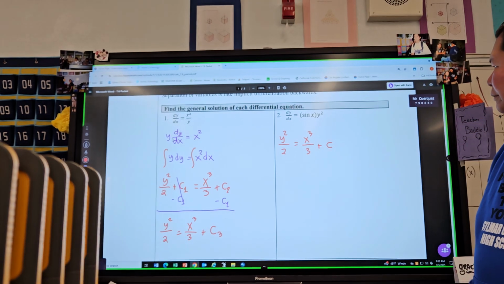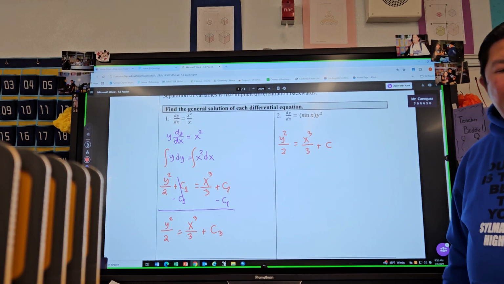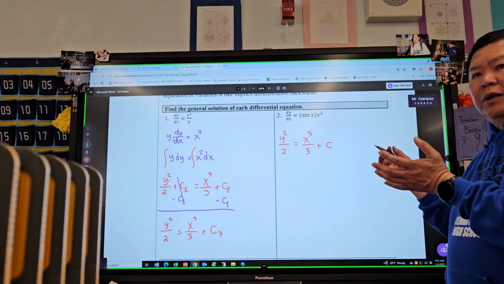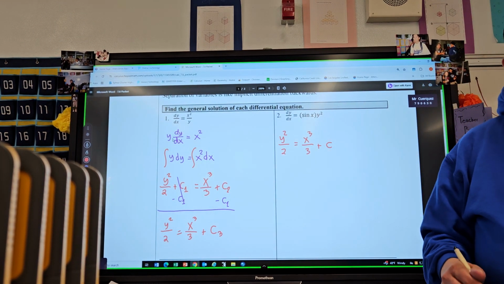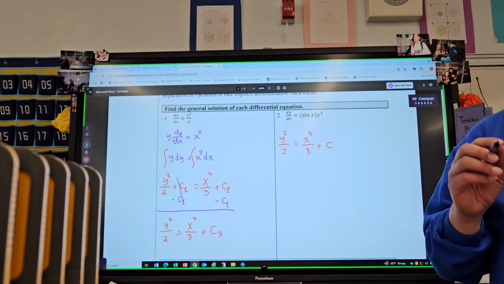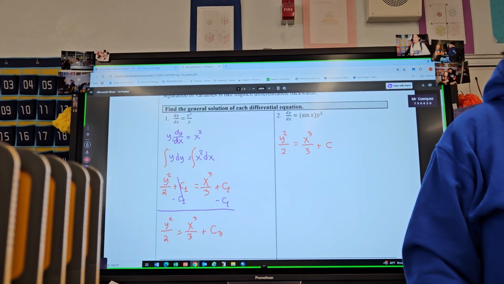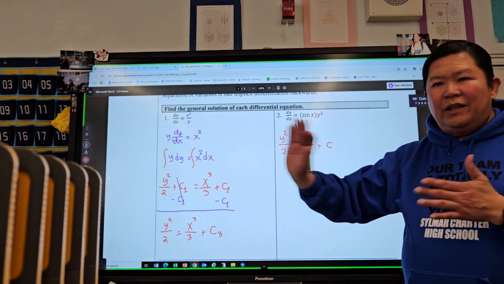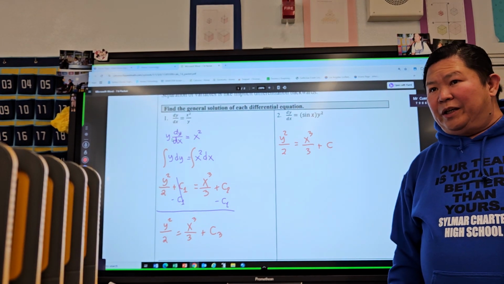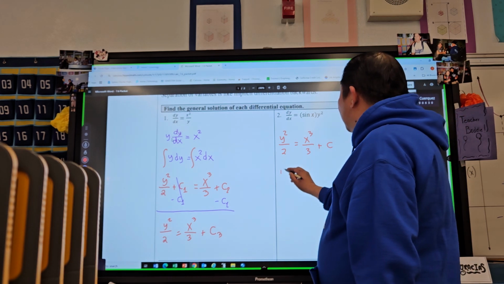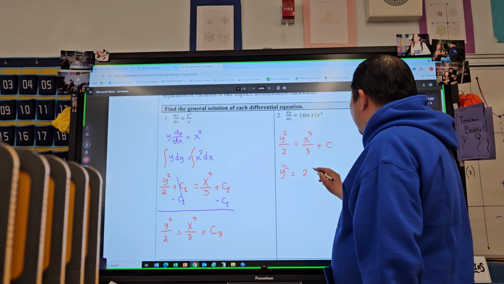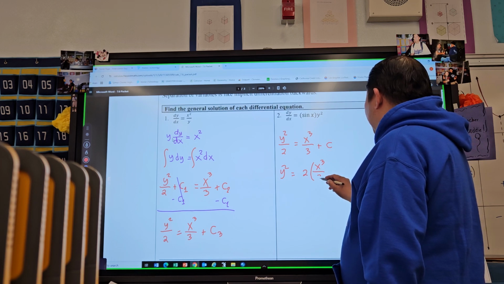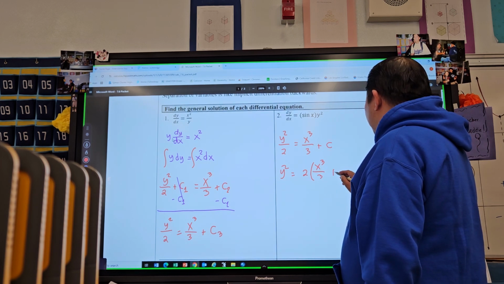Okay, then what to do now? You're solving for the y, right? So what to do with this 2? We're gonna multiply, but if we multiply or cross multiply by 2, c is not affected. You don't have to say 2c, but just leave it as c. You get me? So we say y square is equal to 2 times x cubed over 3 plus c.